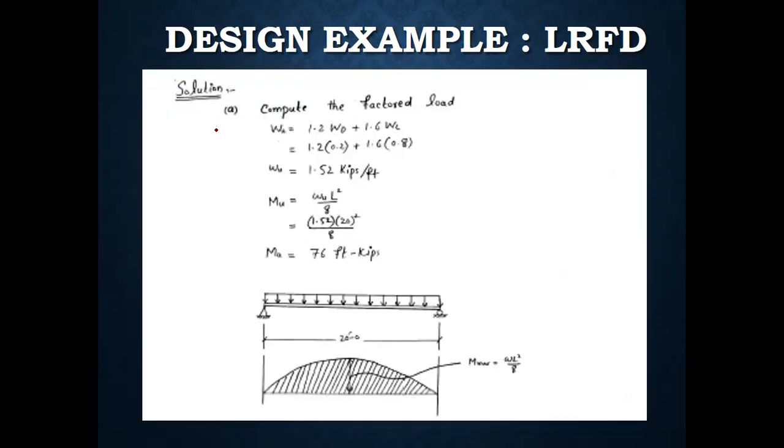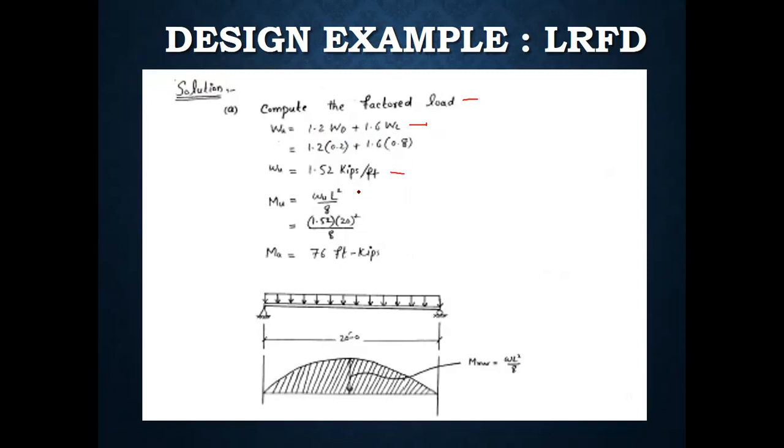If we proceed with the solution, first of all we find the factored load. The factored load for LRFD is 1.2 times the dead load plus 1.6 times the live load. Once we put in the values of the dead load and the live load, the result comes out to be 1.52 kips per foot.